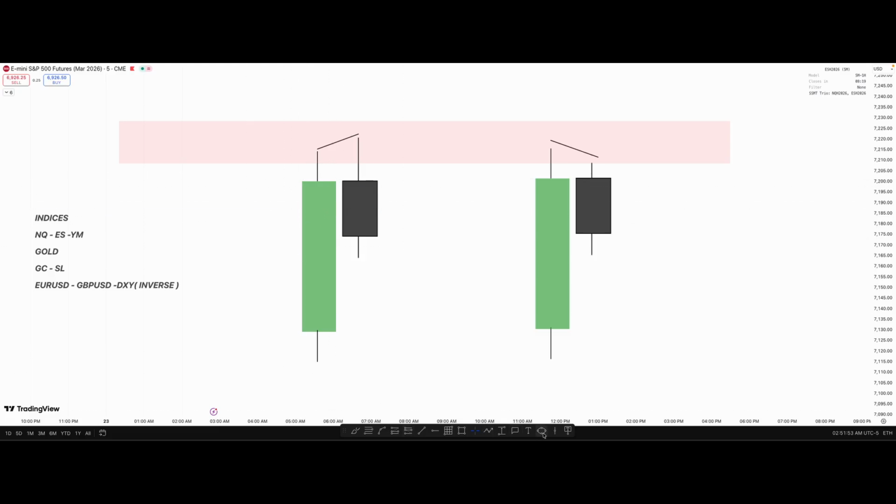Suppose this is NQ and this is ES. NQ goes into a key level and takes out the high. ES goes into a key level, doesn't have enough strength to take out the high, and then closes inside.